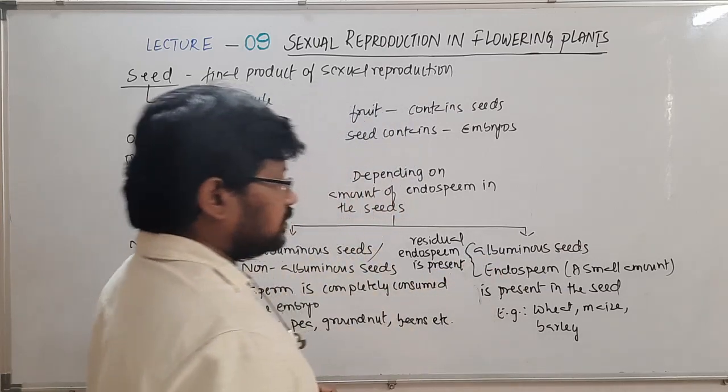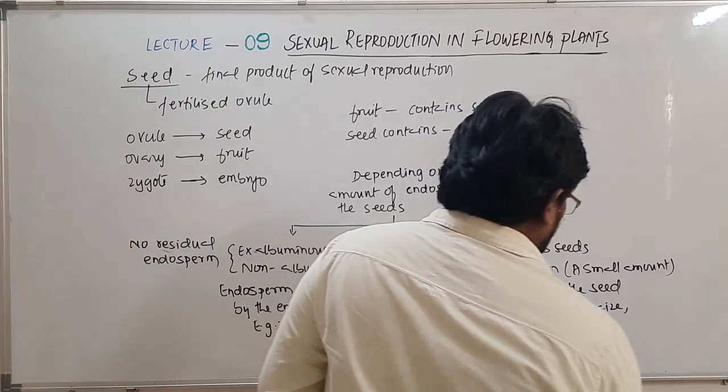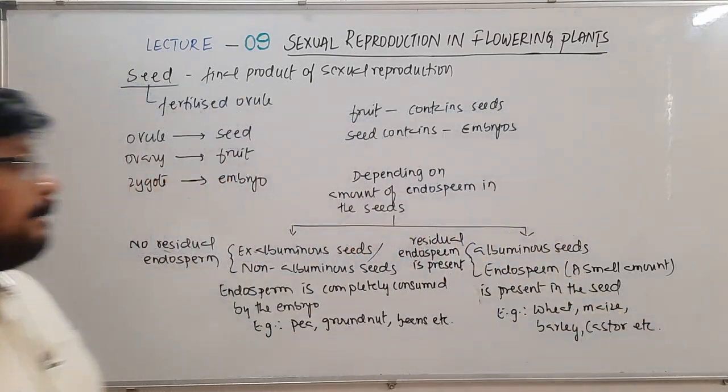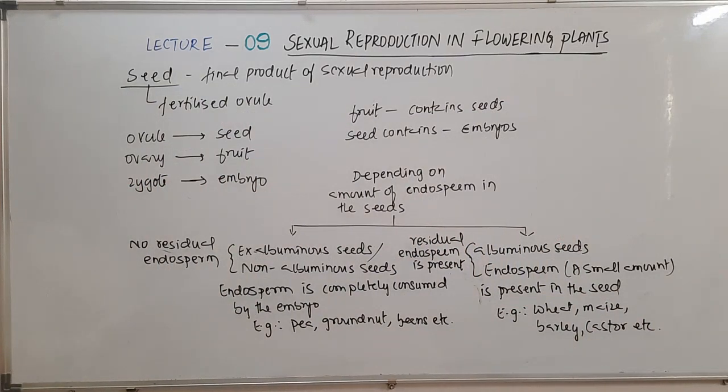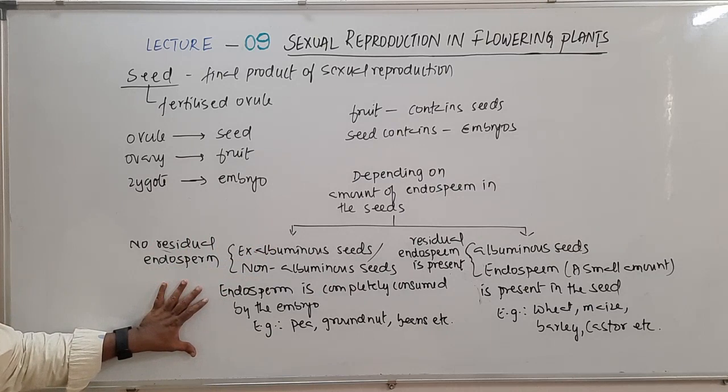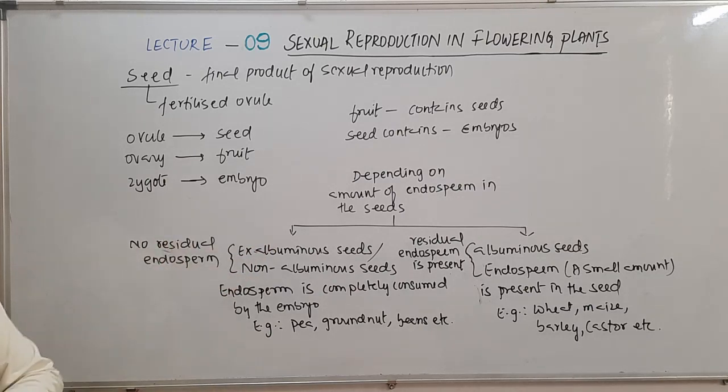One more example is castor, etc. So those are the two types of seeds depending on the amount of endosperm in the seeds. Some seeds will not have endosperm at all, and then they are called exalbuminous or non-albuminous seeds. And some seeds will have residual endosperm present.